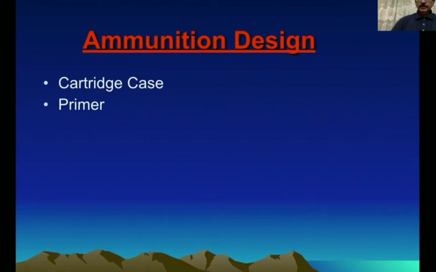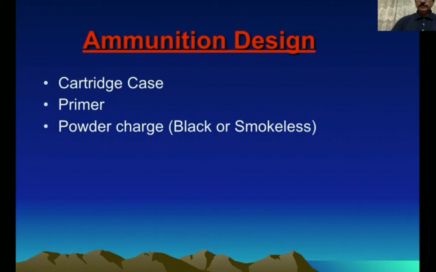At the base, there is a primer. Primer is a place where the firing pin strikes, and primer is going to ignite first. And then it lifts up the anvil and the flame enters into the main chamber where the gunpowder is placed. So every ammunition at the base, there is a primer, and in front of it is main powder charge. And the powder charge, which is the main gunpowder, may be either smoked, which is black gunpowder, or smokeless.